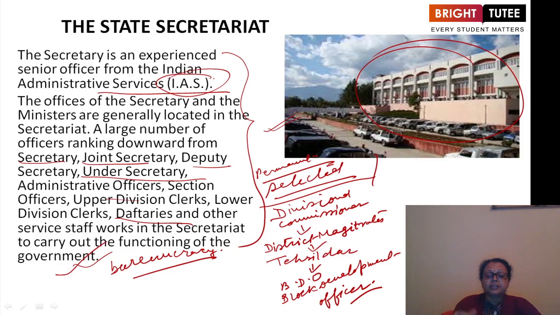Similarly, each district is divided into tehsils, where the tehsildars are responsible for taking care of the tehsils. Then these tehsils are divided into blocks, and at the block level we have block development officers to take care of the blocks. So this is the entire unit of the administration.